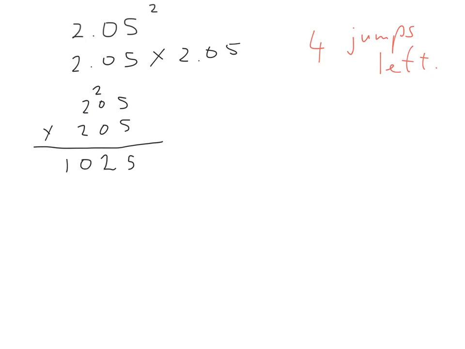Okay, so now this next line here, we want to multiply the 205 by this 0 here. Now we know already that before we start the second line, we put down a 0. Okay, so now just to make it easier for us so that we don't get confused, you may want to just rub out this 2 up here that we used for the number 5, just to make it easier for us.